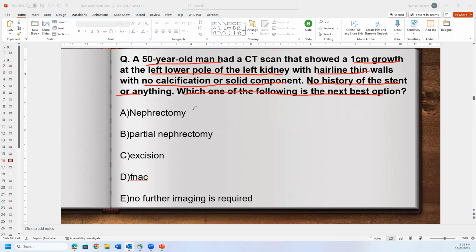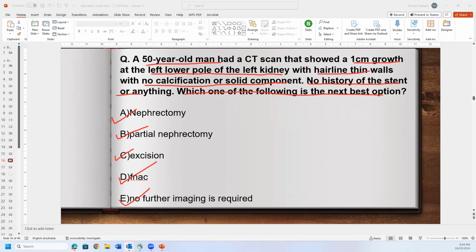Option A, nephrectomy. Option B, partial nephrectomy. Option C, excision. Option D, fine needle aspiration and cytology. Or option E, no further imaging is required. So we are all going towards the answer of either surgery, excision, or fine needle aspiration and cytology.